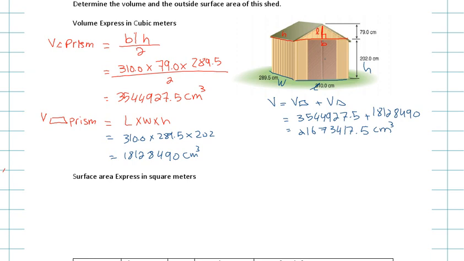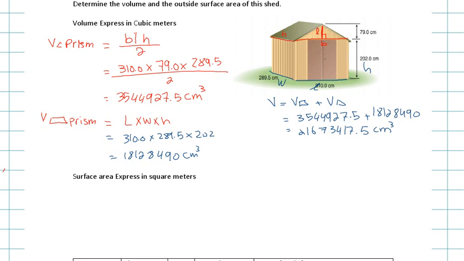Remember that I want it in meter cubed. So to go from centimeter to meter, go back to your purple sheet. To go from centimeter to meter, you have to divide by 100, because I'm going up two steps from centi to meter.